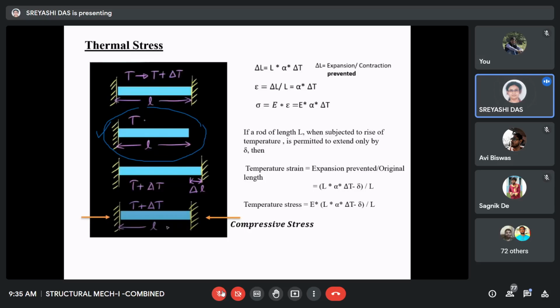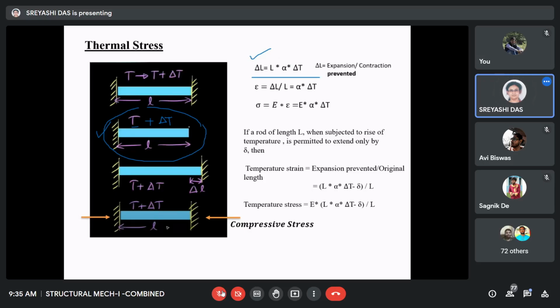So suppose initially it is at temperature capital T. Now after some time, suppose the temperature is increased to capital T plus delta T. So whenever there is a change in temperature, obviously there is a change in length, that is, there will be elongation. The formula of elongation we already know, that is delta L is equal to L alpha delta T. So this is the expansion or contraction.